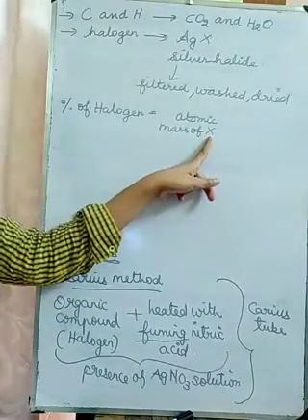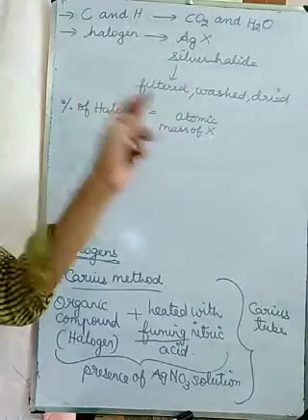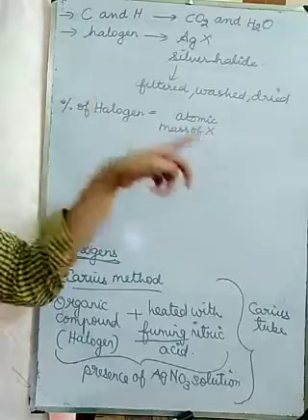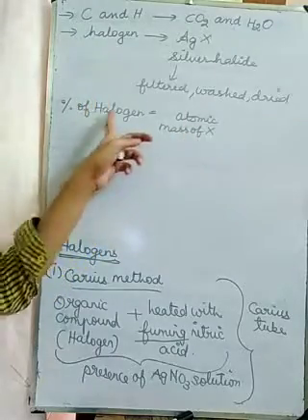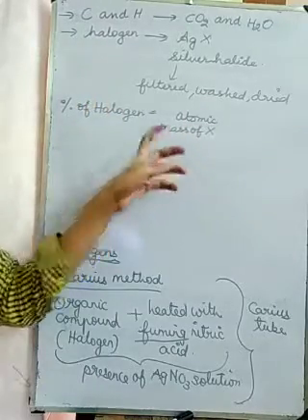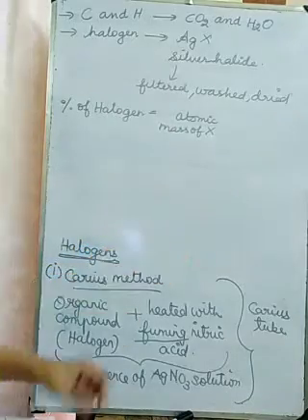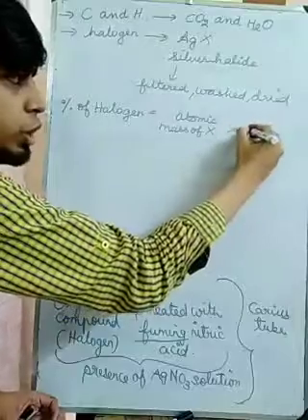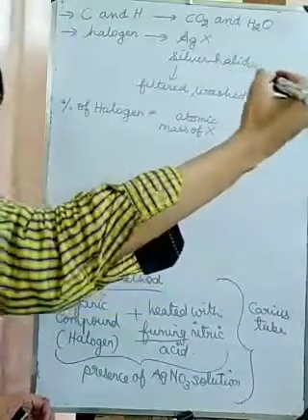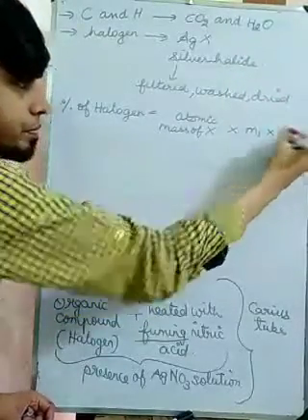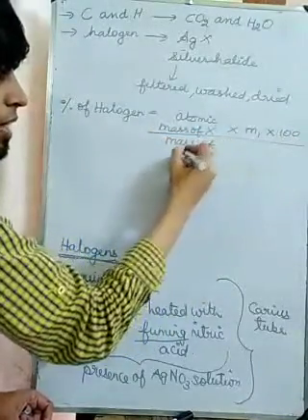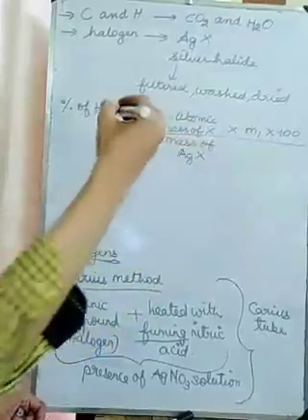You will find out which halogen is present with the help of the Lassaigne's test. Then here we are finding out how much halogen is present. Okay. So atomic mass of halogen into m1 into 100, divided by mass of silver halide.